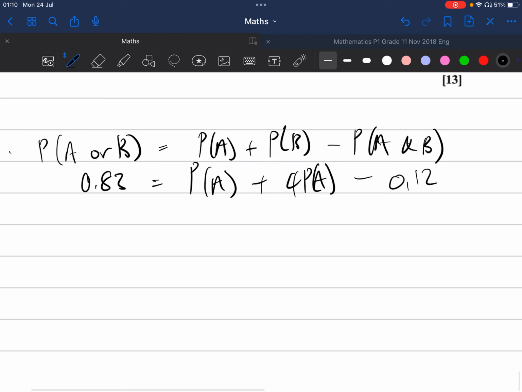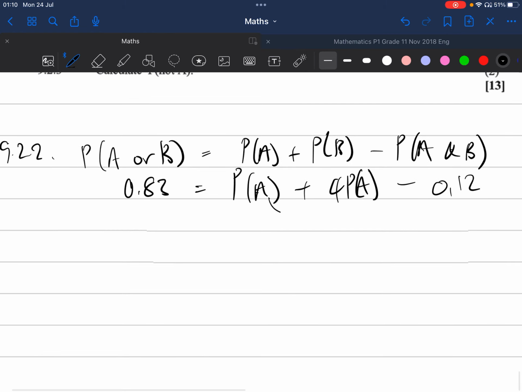So let's solve for P(A) here. I'll bring 0.12 to that side, and then we can divide by 5, because when I add these together, I'm going to get 5. So 0.83 plus 0.12, divided by 5, gives us a probability of A equal to 0.19.